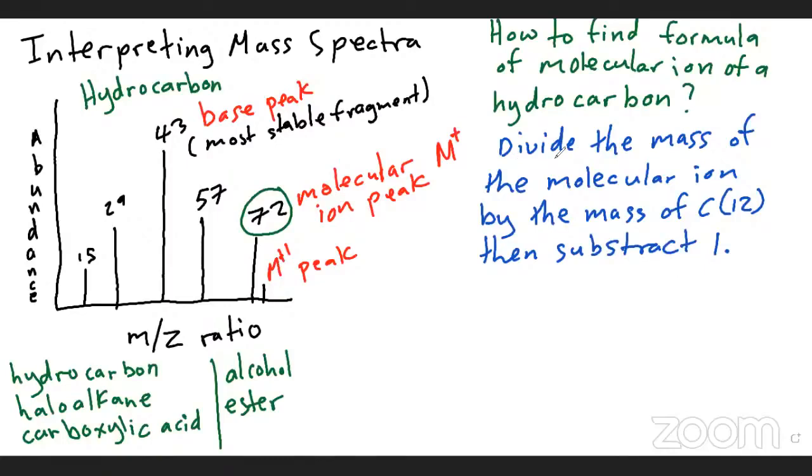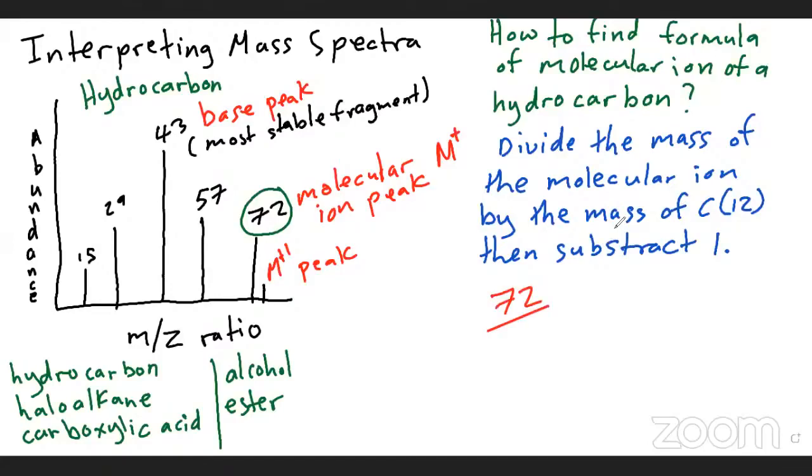All right, so if we want to find the formula for the molecular ion of a hydrocarbon, you are going to divide the mass of the molecular ion. So in our example, the mass of the molecular ion is 72.